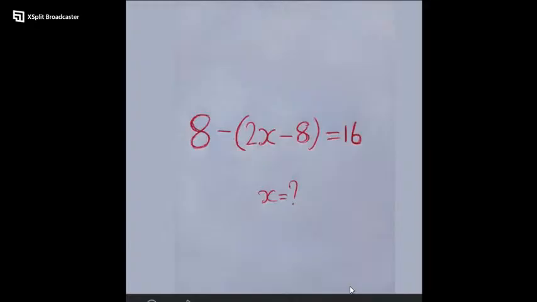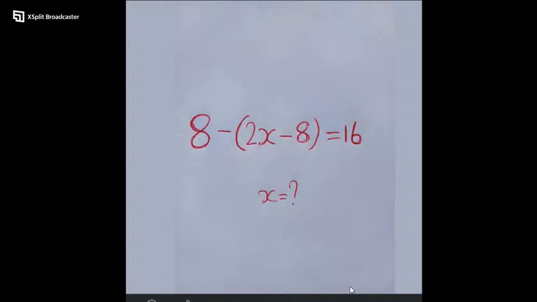So, let's go again. 2x minus 8 is equal to minus 8. We add 8 to both sides. 2x is equal to 0. We divide both sides by 2. 2x divided by 2 equals 0 divided by 2. x is equal to 0.